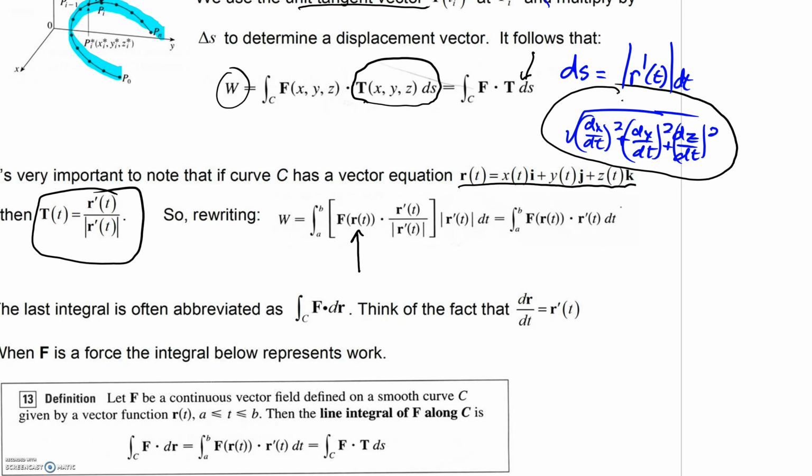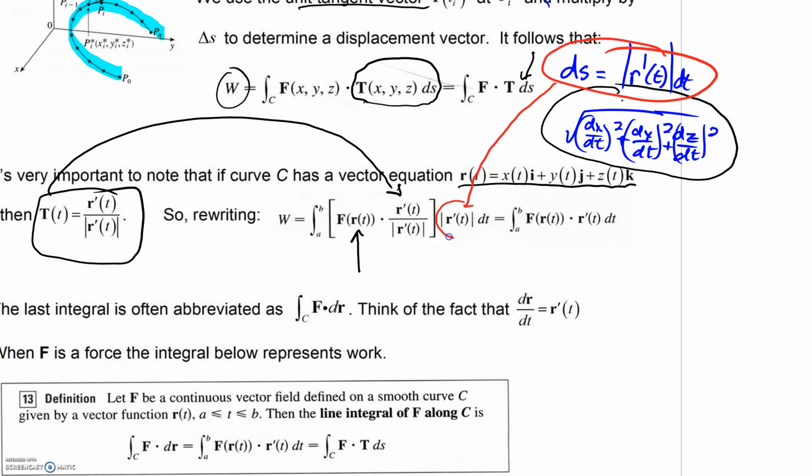Take our unit tangent and write it as r prime of t over the length of r prime of t, and then take our ds and instead of writing ds, we could write the length of r prime of t dt.